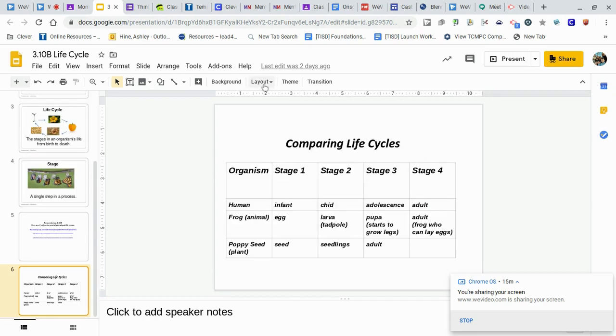And then this is kind of like a graphic organizer or a breakdown to help the students realize the comparison of the different types of life cycle. So we talked about organisms right before we left in ecosystems. And so we're labeling our organism first, and then we're giving the stages of their life cycle. And so we compared human, frog, and plant. So we have a human, an animal, and a plant.